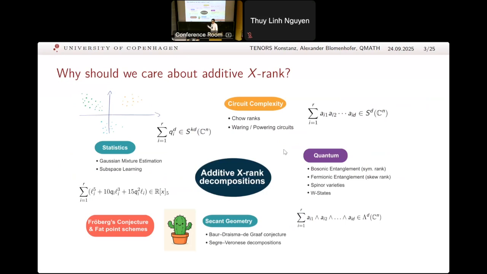Yes, for the generalized additive decompositions, exactly. You have a reducible variety, and then these things become important to count. Then it's actually a different thing whether you're trying to minimize the R or you try to minimize some weighted R. But that's a detail. But very good.